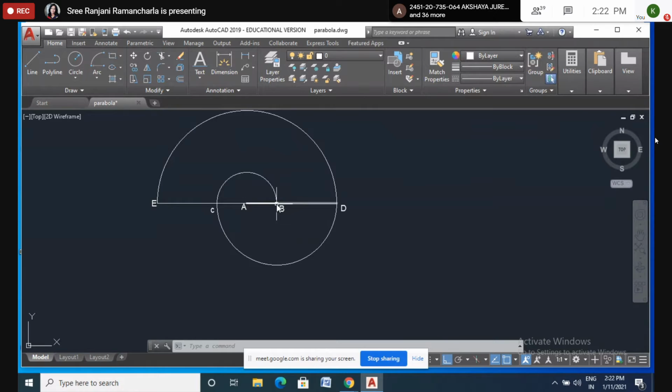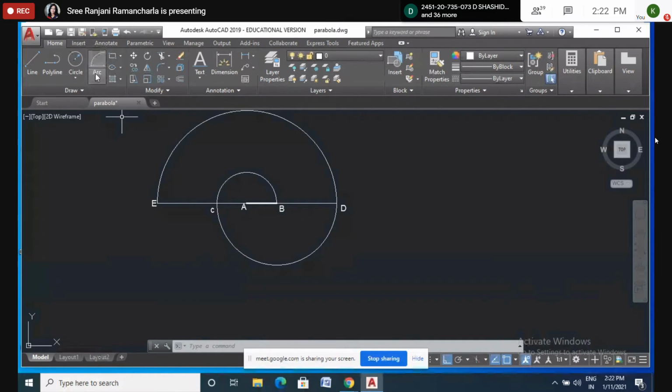So now we have to shift the center to B. Now B as a center, where it ended in the previous one, that end we have to take as a radius now. So measure with B as a center and BE as a radius and draw the curve.